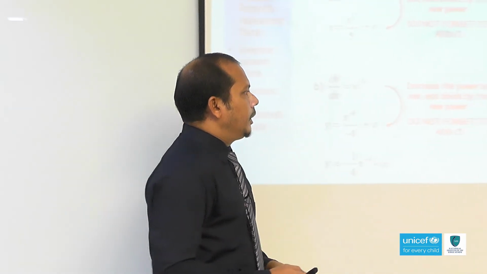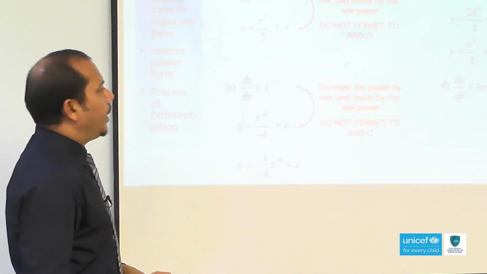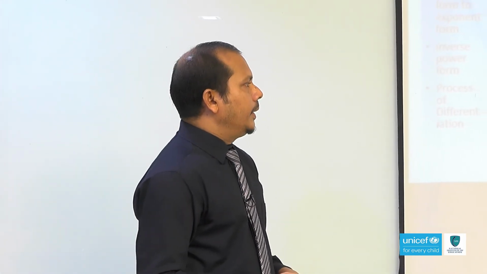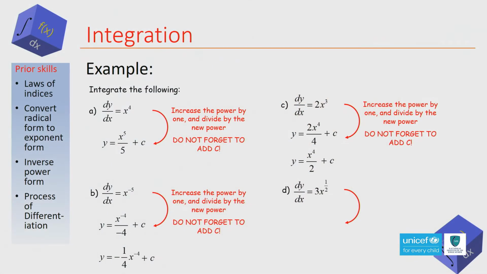Another example, dy by dx equal 3x to the power half. So, apply the process of integration. We have to increase this power by 1. You know, if you increase half by 1, you will get 3 halves, which is 3 by 2, and then dividing the coefficient by that whole power, you will get 3 divided by 3 by 2.